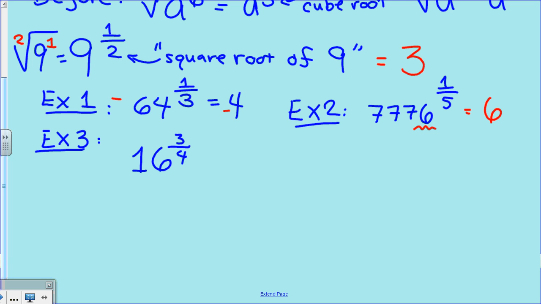So what is the 4th root of 16? 2. Okay, so this becomes 2. Drag that exponent over, cube. And 2 cubed is 8.